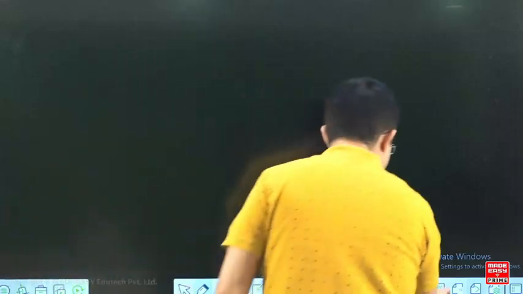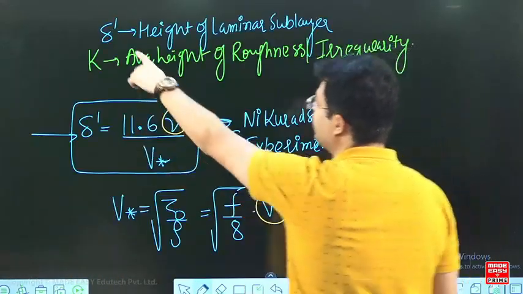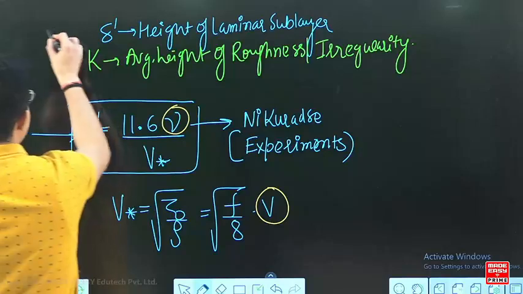Whatever I am teaching is already written in your printout, but one thing is missing. On page number 210 of your printout, beta, write the definition of delta dash and k.